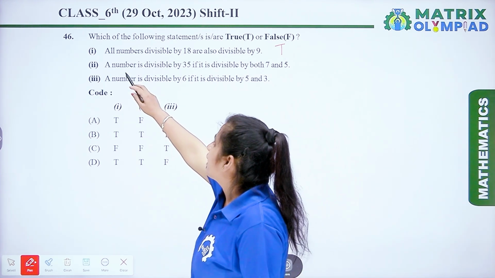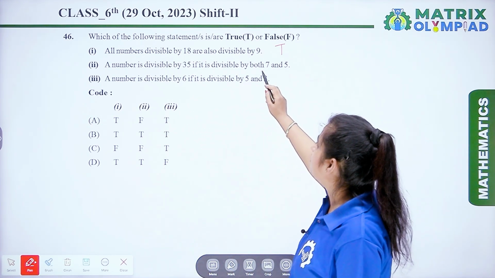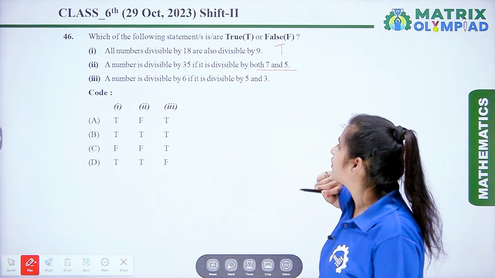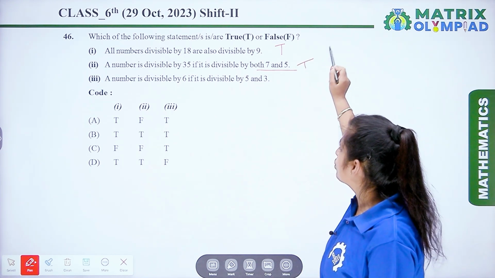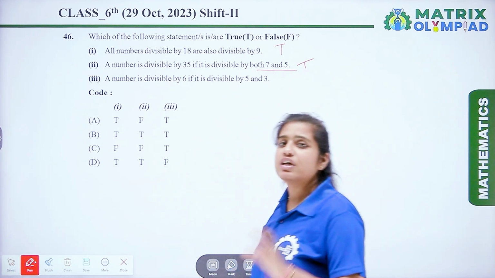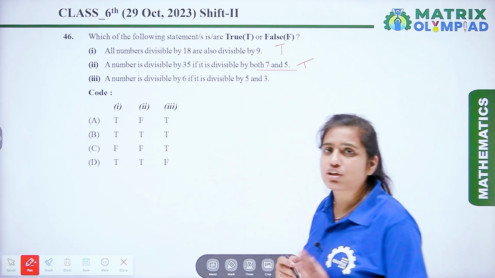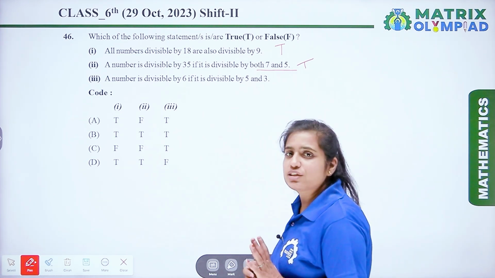Now the next is a number is divisible by 35 if it is divisible by both 7 and 5. Yes, this statement is also true. And if a number is divisible by 7 and 5, then it is divisible by their product also. So here second statement is true.